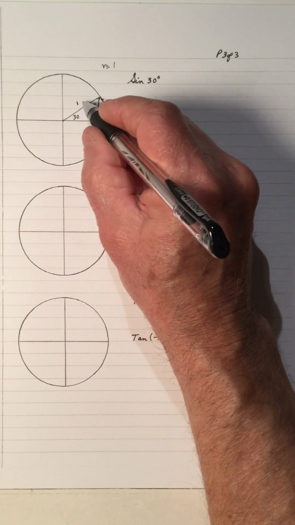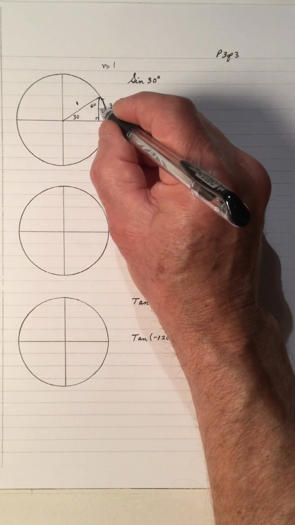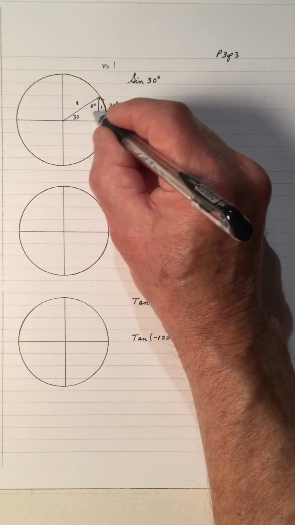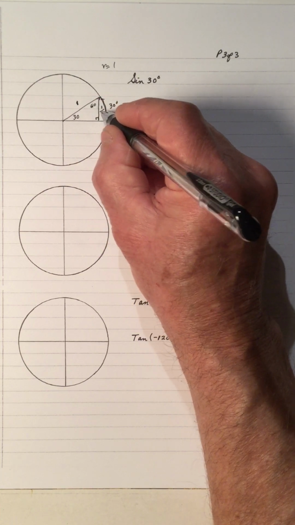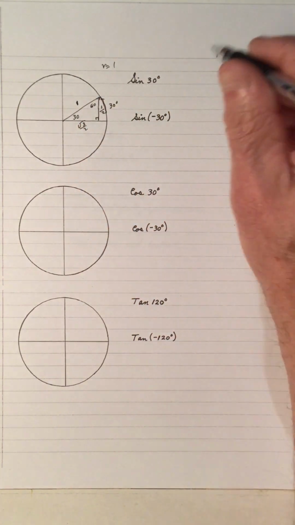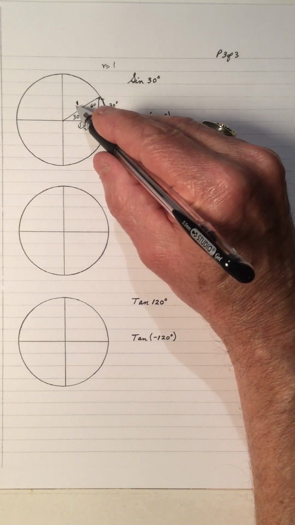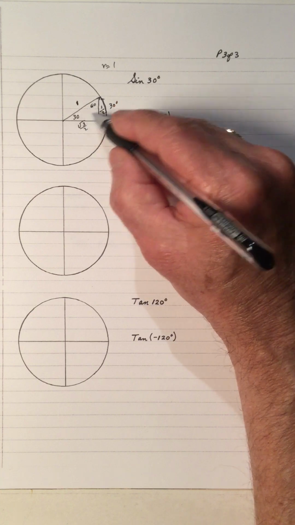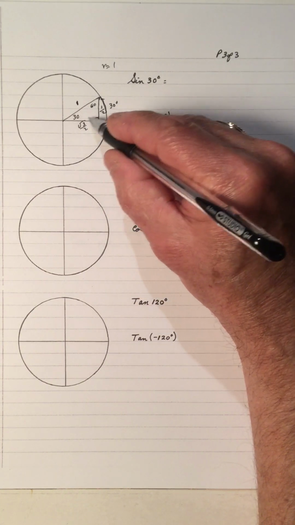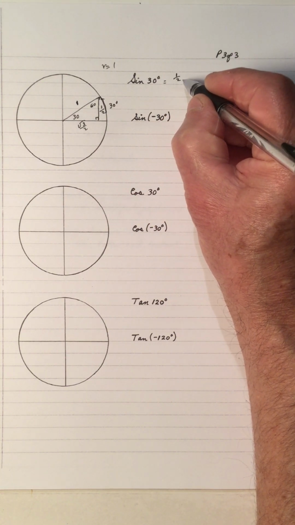Because the hypotenuse is 1, opposite 30 is 1/2 and opposite 60 is root 3 over 2. You could also draw this not in a unit circle, with hypotenuse 2, and have 1 and root 3 if you wish. So the sine of 30 is opposite over hypotenuse, 1/2 over 1, which is 1/2.